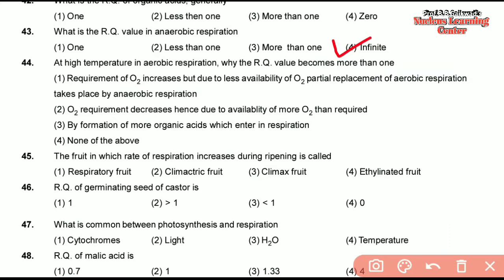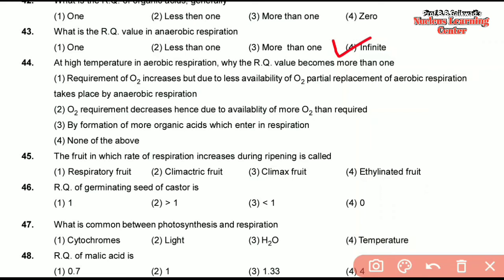44 number question. At high temperature in aerobic respiration, why does the RQ value become more than 1? Let's see the statements. First statement, requirement of O2 increases, but due to the less availability of O2, partial replacement of aerobic respiration takes place by anaerobic respiration.